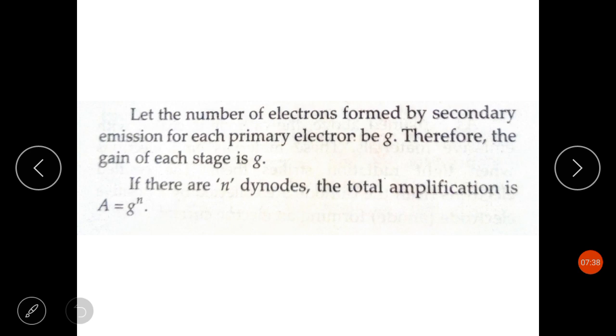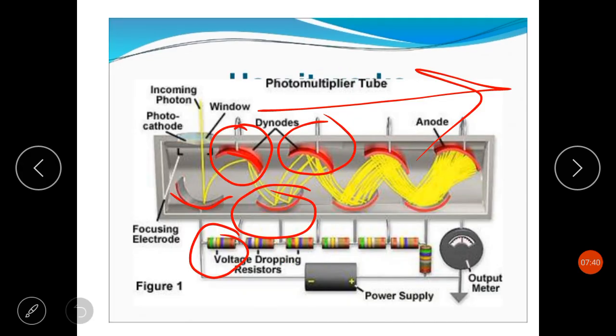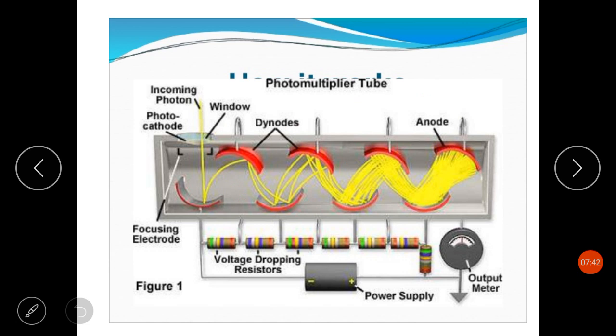Now as I've told you, when the primary electrons strike the diode surface, secondary electrons will come out, that is, additional electrons will come out.